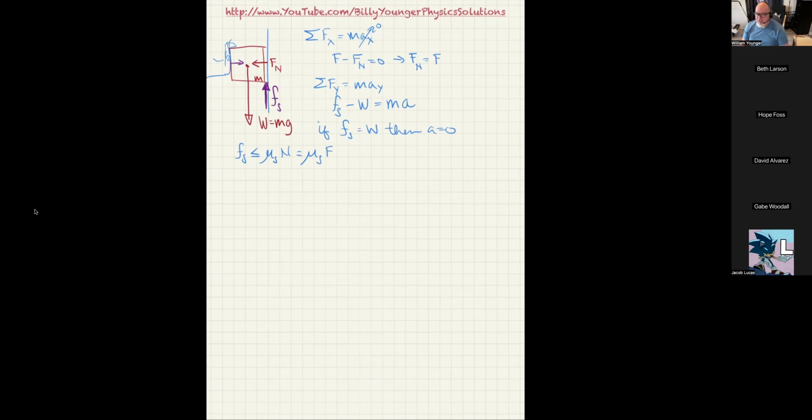So you can now see that if I supply a large enough force horizontally, that can cause a large enough normal force from the wall that creates a friction that's large enough to keep the box from sliding down. Any questions on that? Example 5.2 is what that was. So no questions?